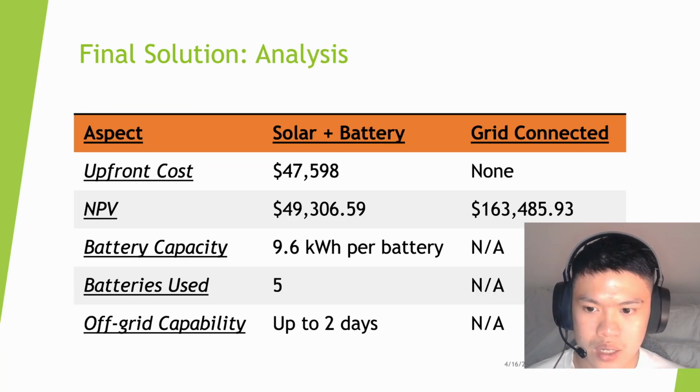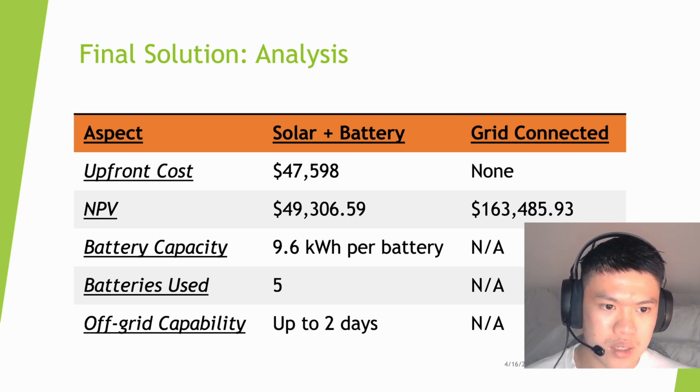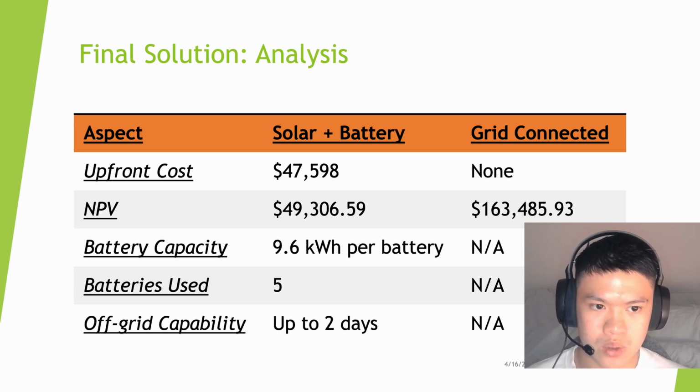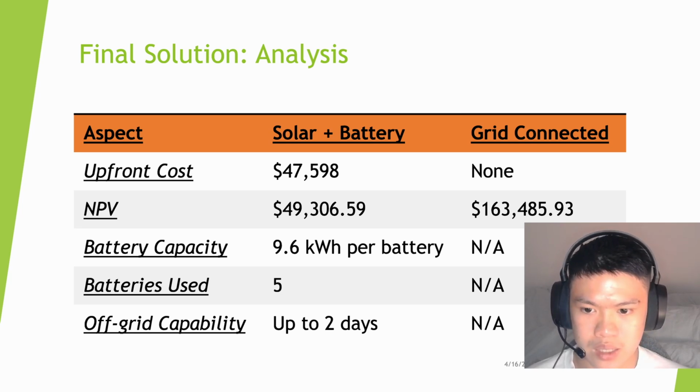Now, looking at the table, we can see that the high upfront cost of the solar panel can be discouraging to the user. However, over a 25 year period, the NPV of the solar panel plus battery is only around $49,306.59.